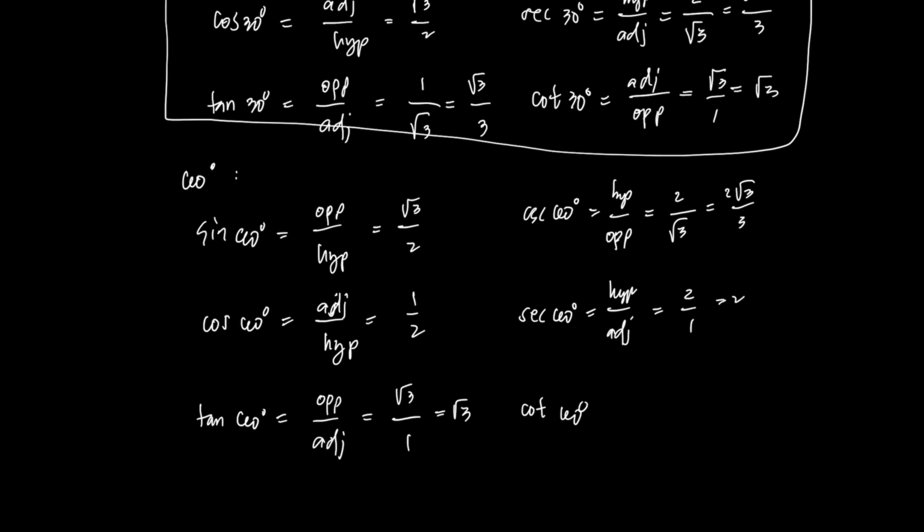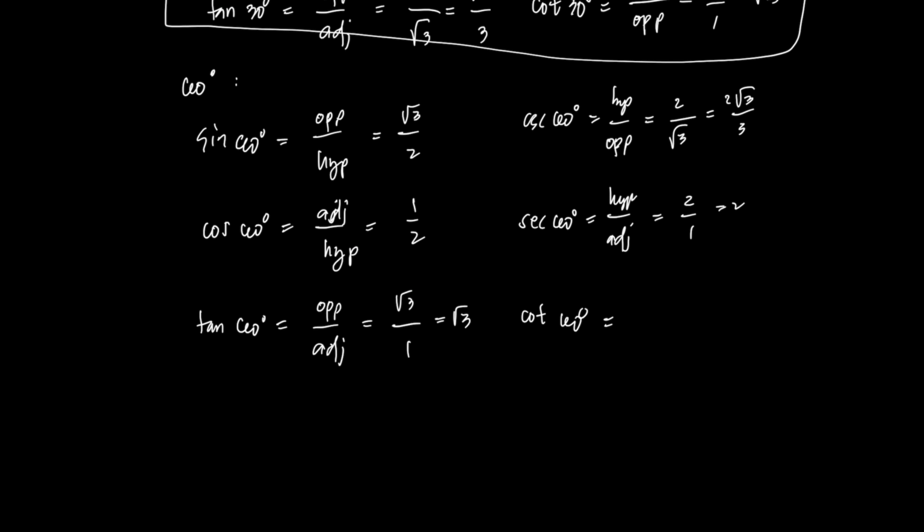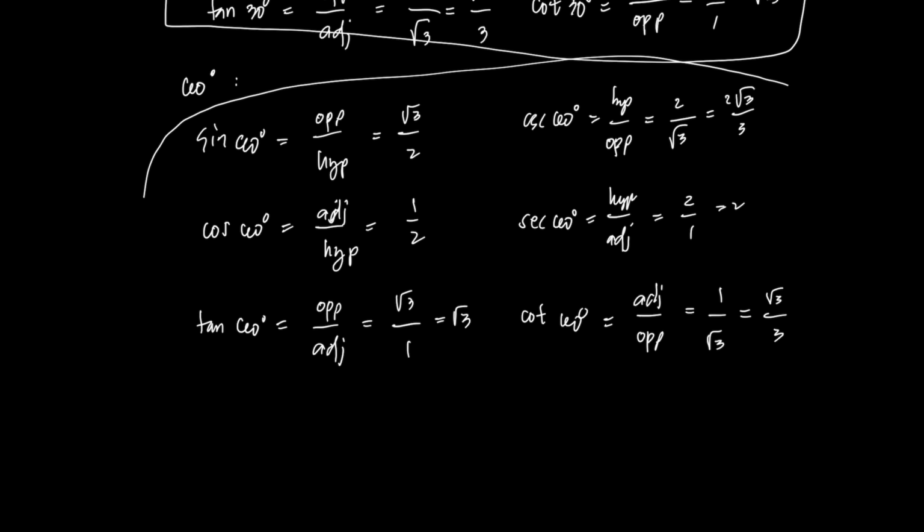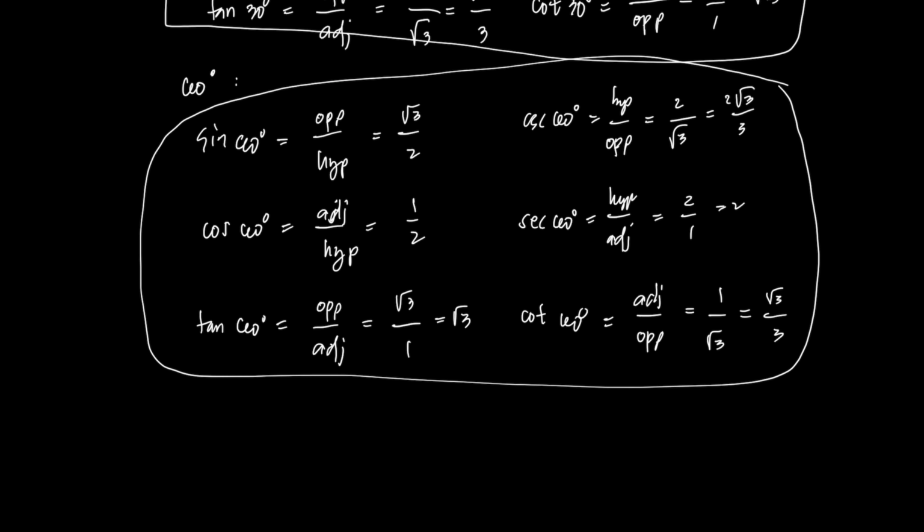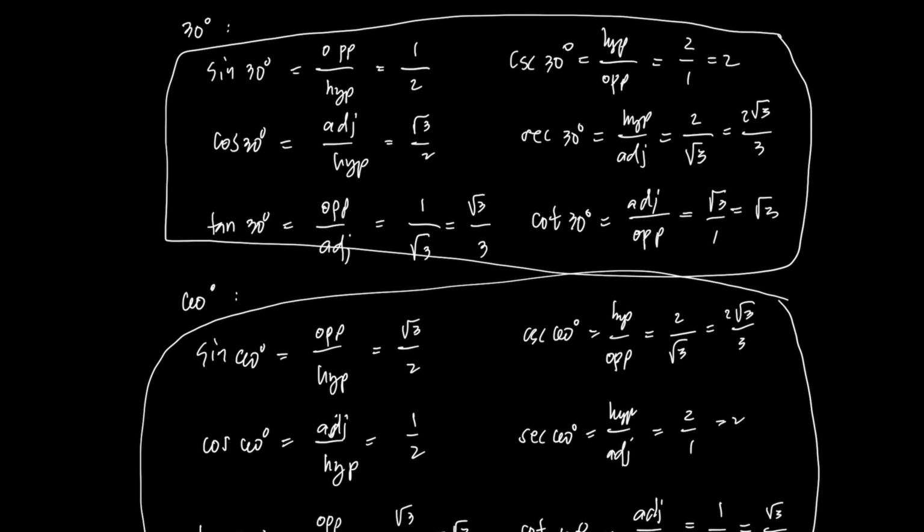For the cotangent 60 degrees, that is adjacent side over the opposite, so that's 1 over square root of 3, or that's square root of 3 over 3. So these are also the values of the 6 trig functions for 60-degree angle.